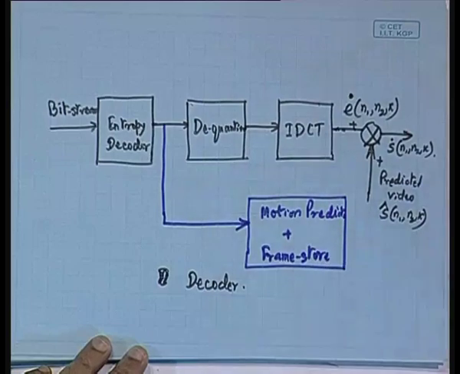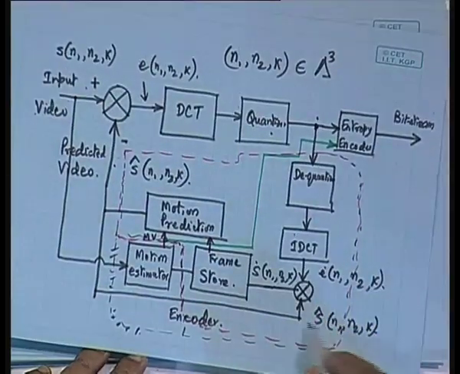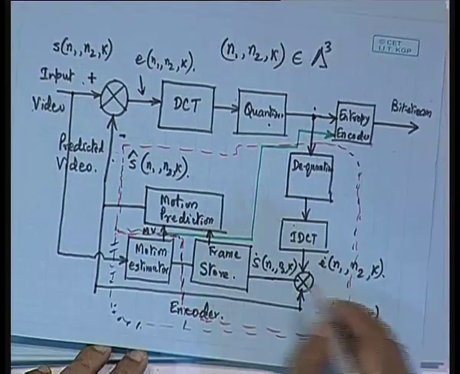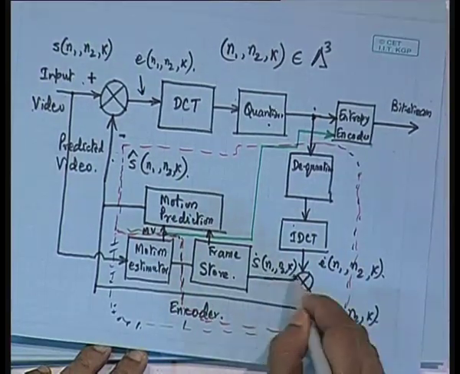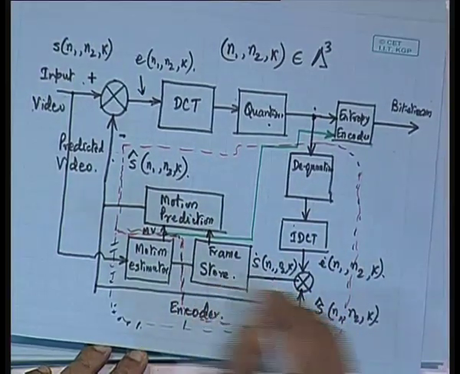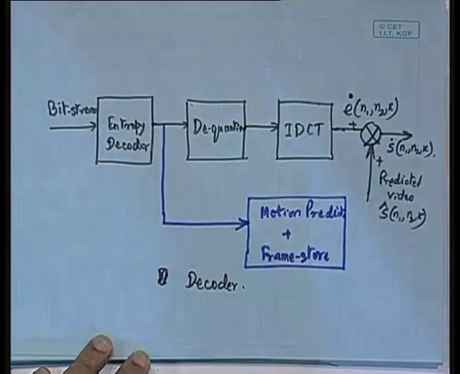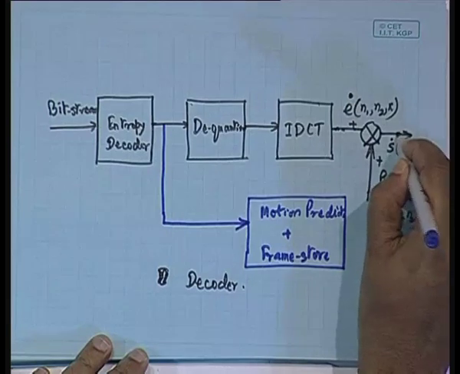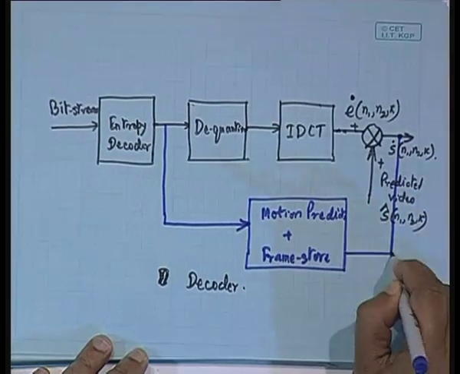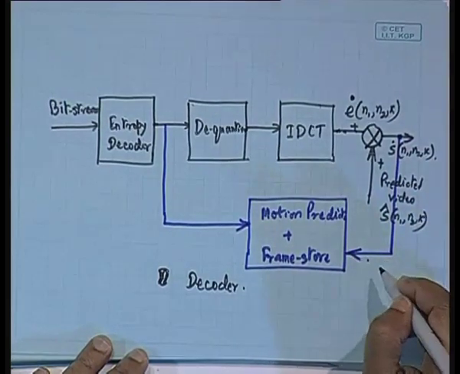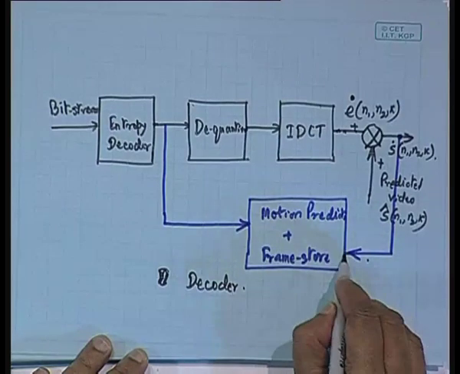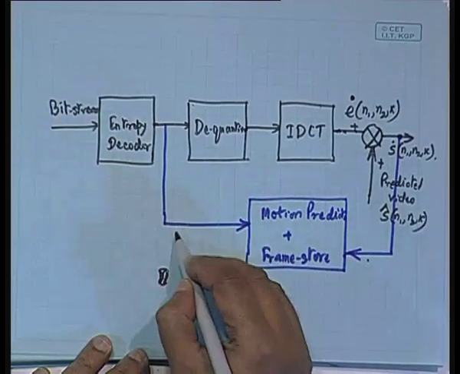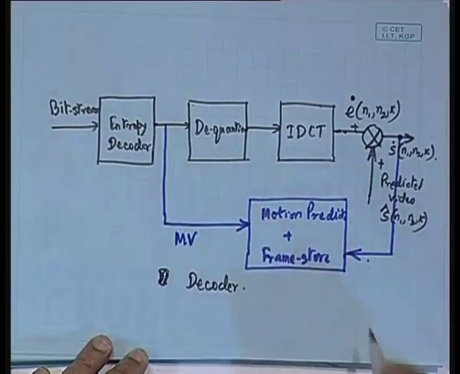Now, what does frame store require? Frame store requires S dot n1 into k. In the encoder it required S dot n1 into k, and at the decoder we also have S dot n1 into k available from here. So, S dot n1 into k could be fed to the frame store block. The motion vector is coming over here.